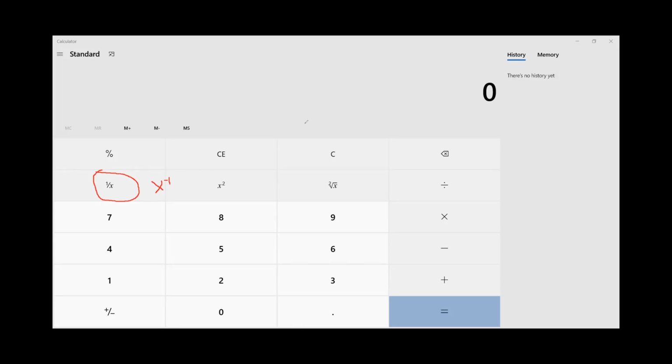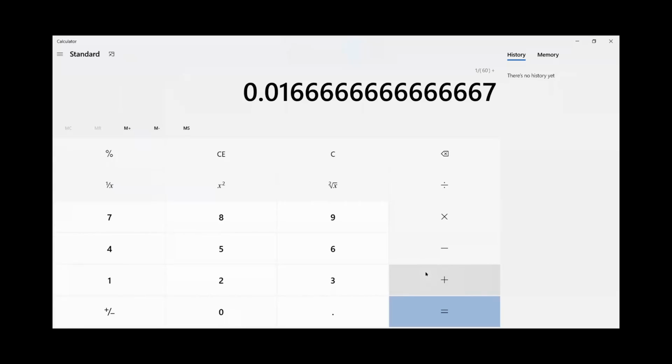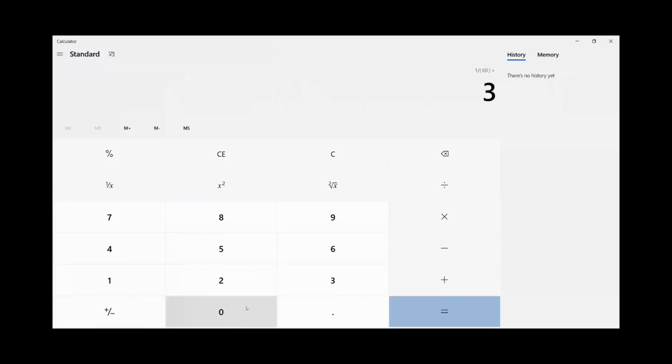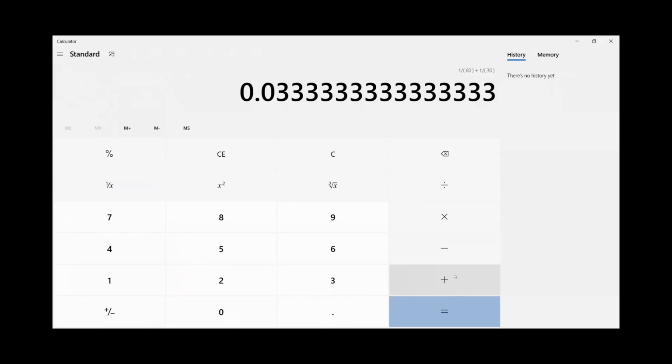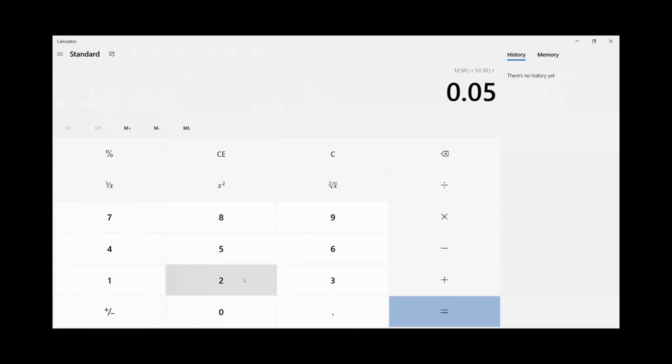Now, the values that I gave you before, we said that we had 60 ohms. Then we click this key, plus 30 ohms. We click this key again, plus 20 ohms.